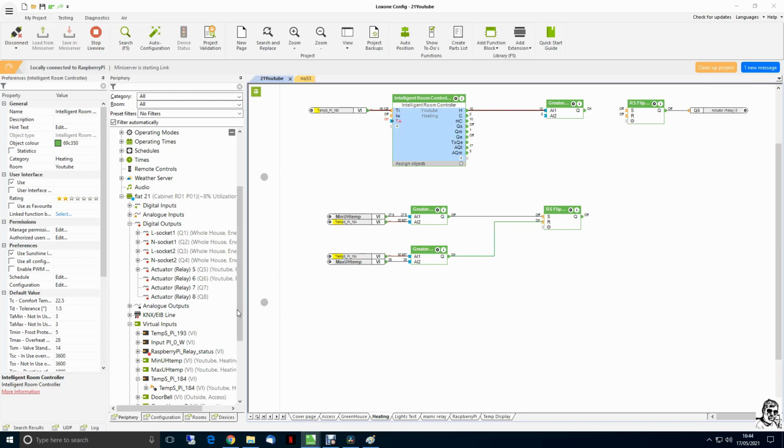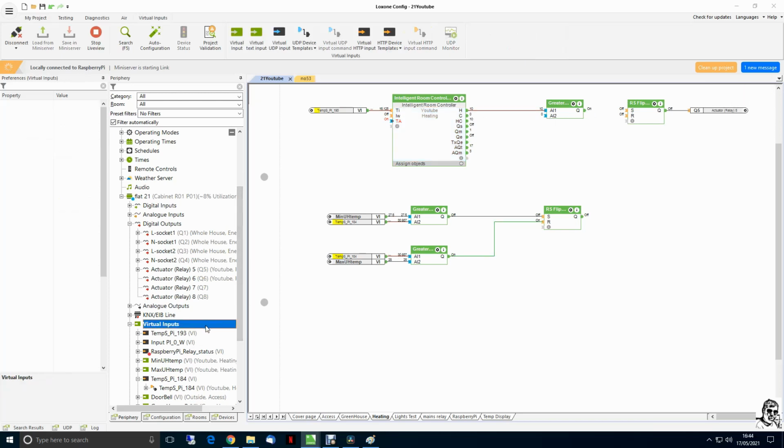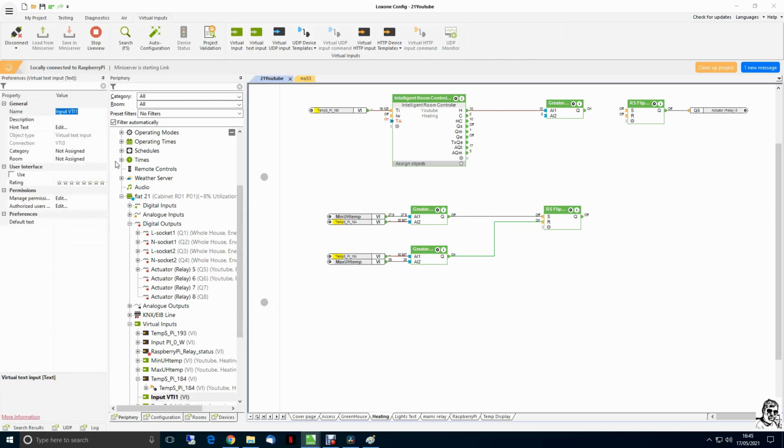In that situation we need to create another input, and I will call it 0, but it cannot be 0 because these comparators are equal or greater, and if I set it to 0, that would be on non-stop.